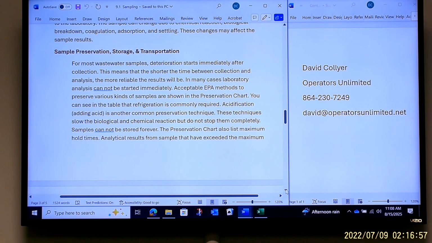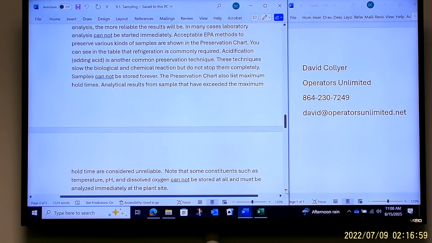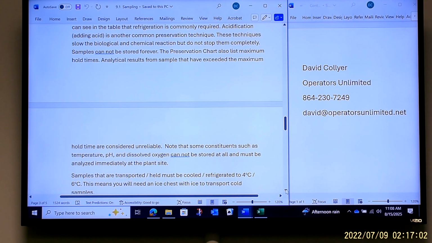These techniques slow the biological and chemical reactions, but do not stop them completely. Samples cannot be stored forever. The preservation chart also lists maximum hold times. Analytical results from samples that have exceeded the maximum hold time are considered unreliable. Note that some constituents such as temperature, pH, and dissolved oxygen cannot be stored at all and must be analyzed immediately at the plant site.